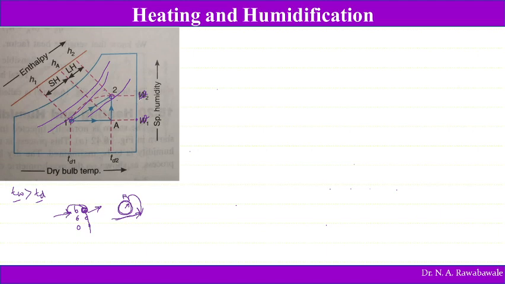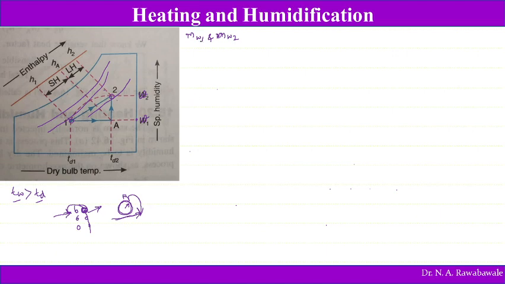Now let us consider MW1, the mass of water entering, and MW2, the mass of water leaving the humidifier. A humidifier is nothing but a system where air is passed to absorb water and increase its specific humidity.